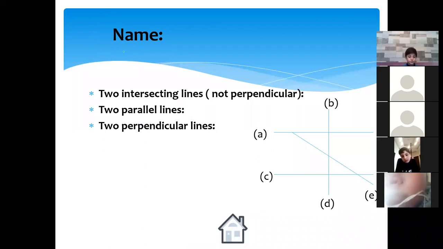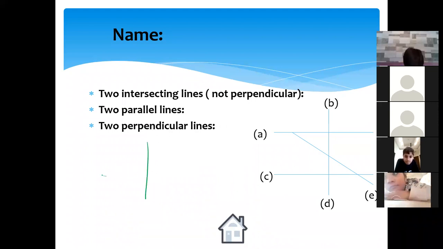Now let's do this example together before we start on the math book. We will name two intersecting lines, two parallel lines, and two perpendicular lines. Before we start, look, teacher, at these two lines like a plus.